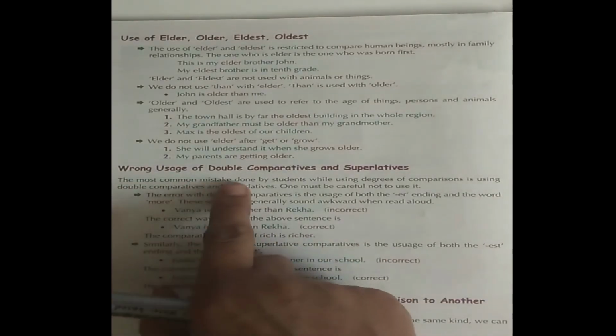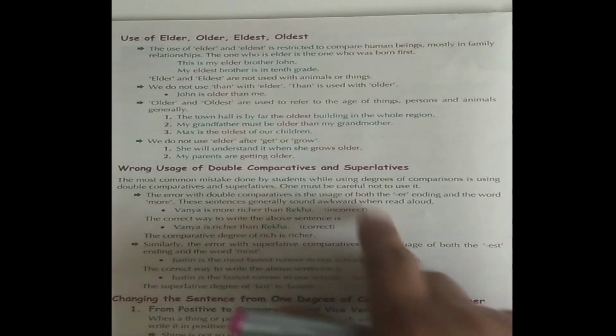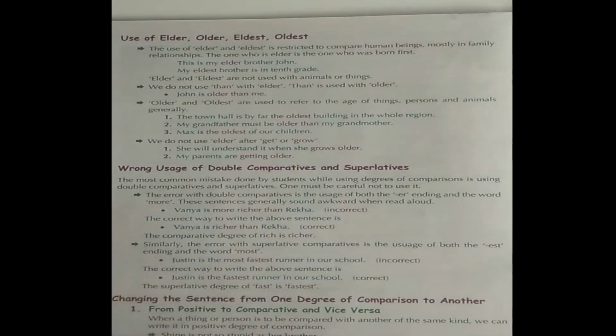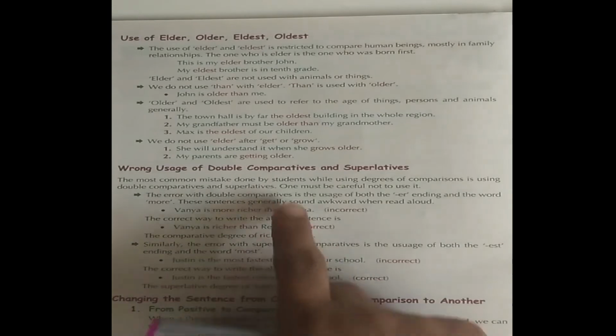The most common mistake students make while using degrees of comparison is using double comparatives and superlatives. Do remember, children, this is committed unintentionally, and we are not even aware of these important points. This is a very important lesson and we use these adjectives in daily life, so we need to rectify the ways we have not done correctly.